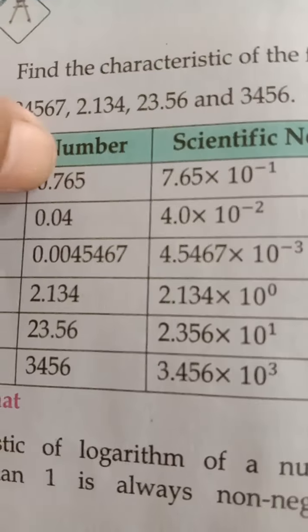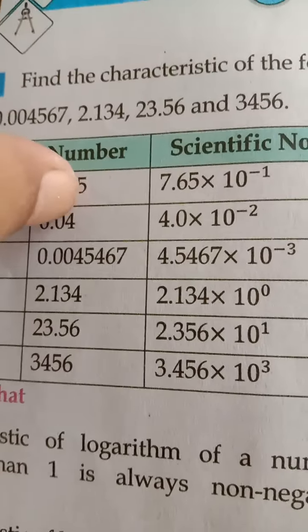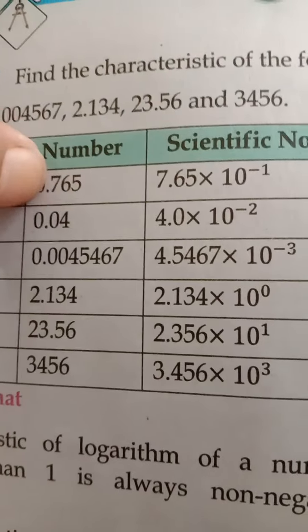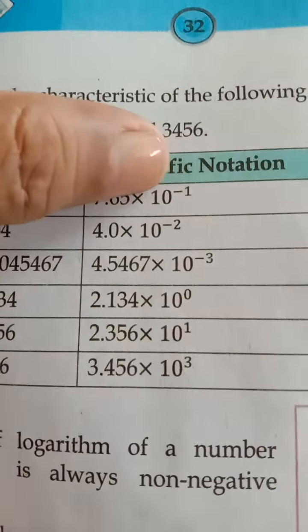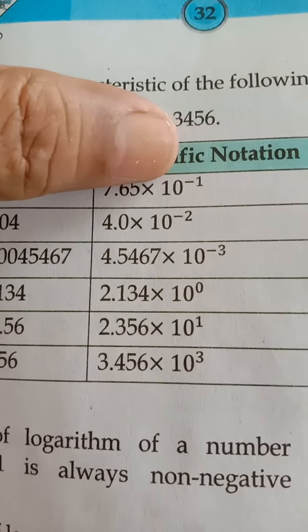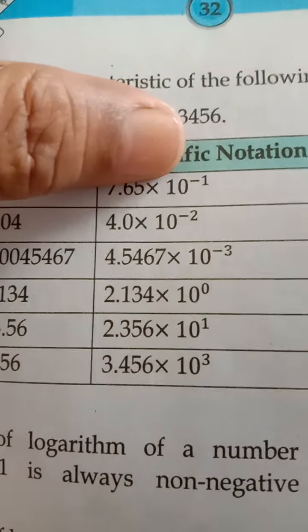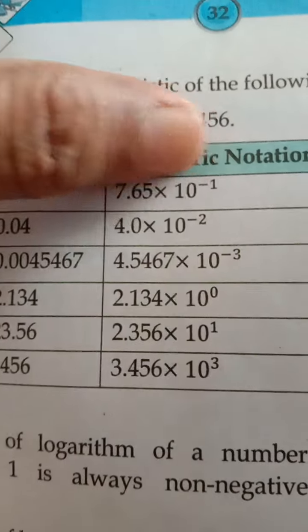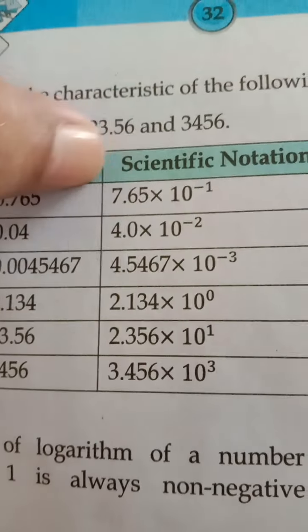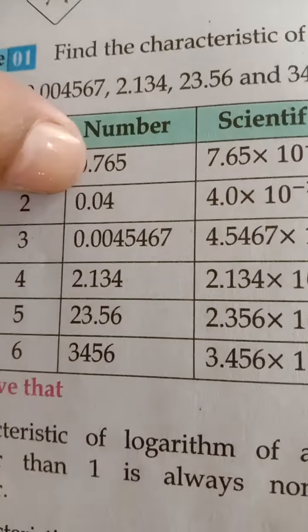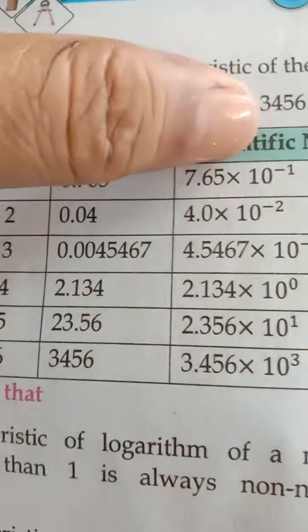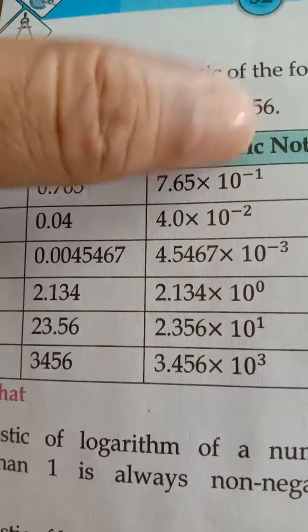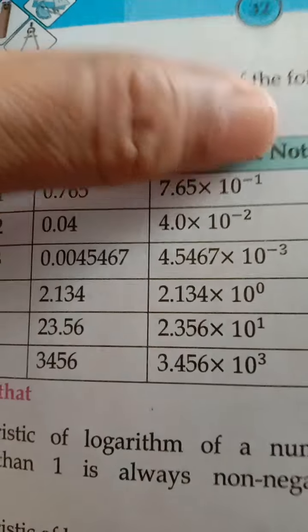Now whenever we are taking the decimal here, but the number was 0.765, so what should be multiplied here in power of 10? So there should be 10 raised to power minus 1, because when you will simplify that number, the number will come again the same, 0.765. 7.65 multiplied by 10 raised to power minus 1.